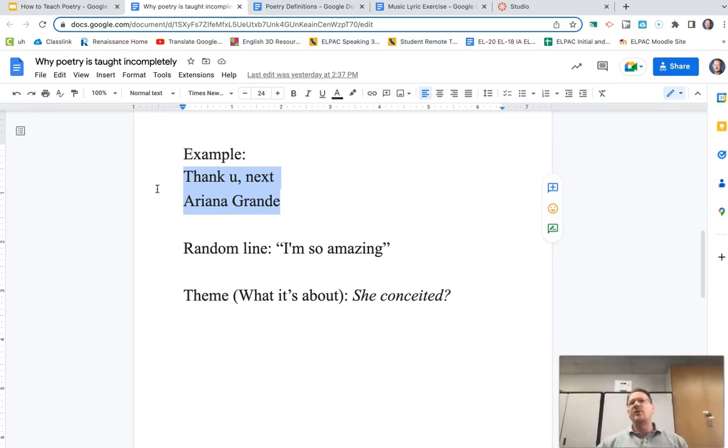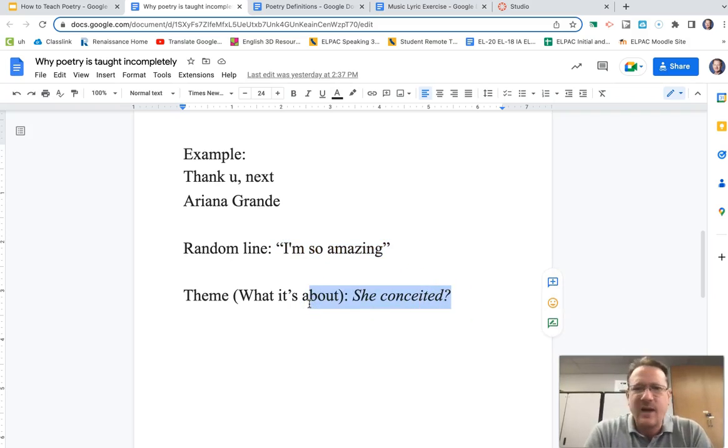And people are like, oh, it's about how she dated people and learned from it and moved on with her life. Like, they taught her what she needed and she moved on. I'm like, yeah, but if you look at the line, I'm so amazing, it suggests that the poem is about her being conceited. And they're like, no, that's not what it's about. I'm like, exactly. So if you're pulling random lines out without knowing the history of the author, knowing the context in which it was written, it's going to be very difficult to accurately interpret that poem.